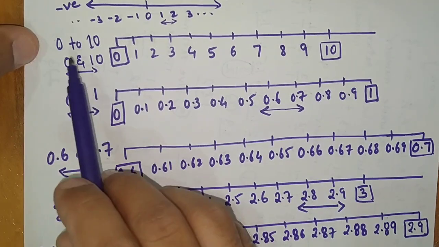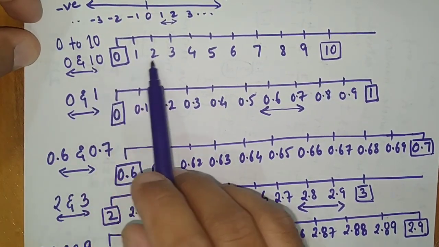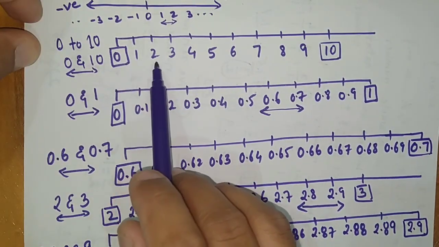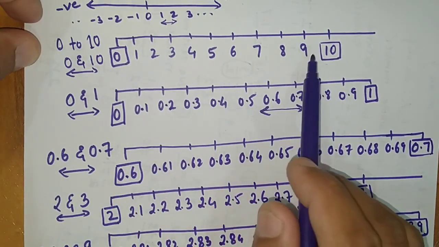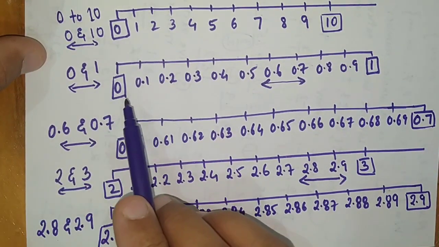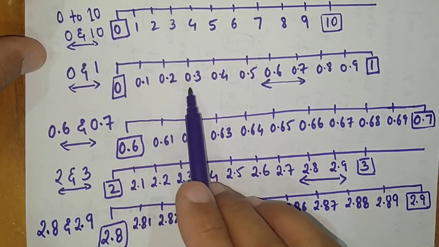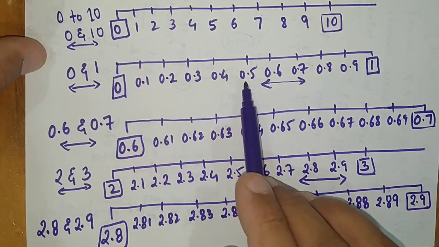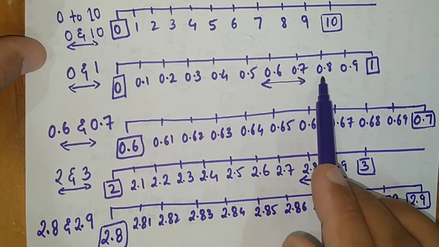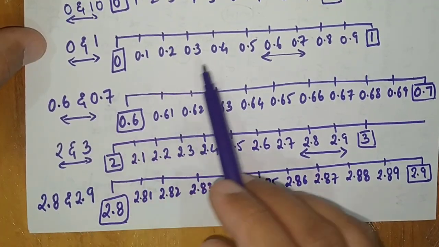Between 0 and 10 you will find numbers 1 to 9. Between 0 and 1 you will find 0.1 to 0.9, and 1.